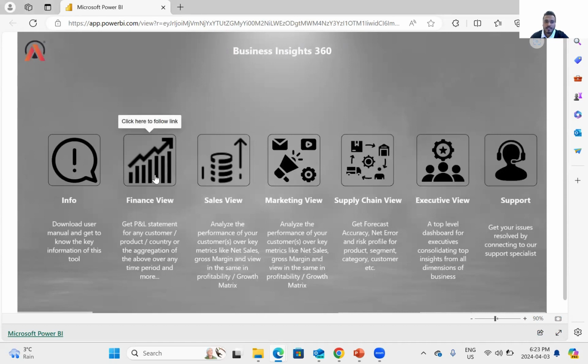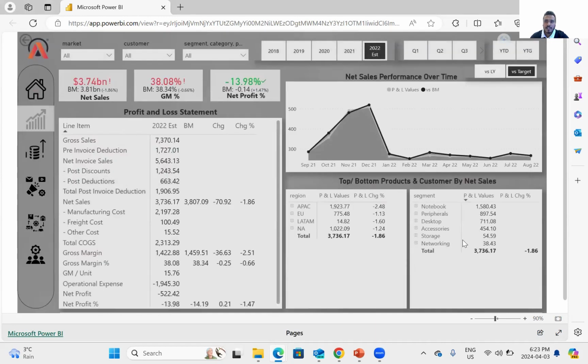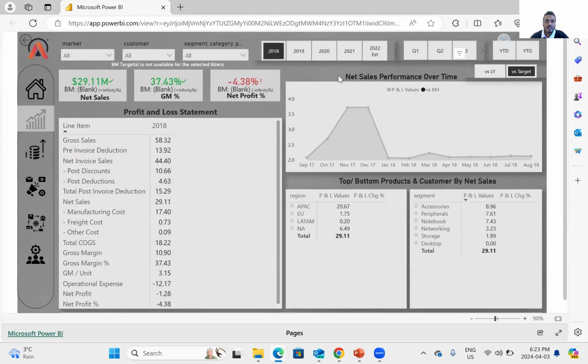In the finance view, as you can see, we have quite a few graphs, line charts, and KPIs like net sales, gross margin, and net profit, year over year. The values change by default and show versus target.